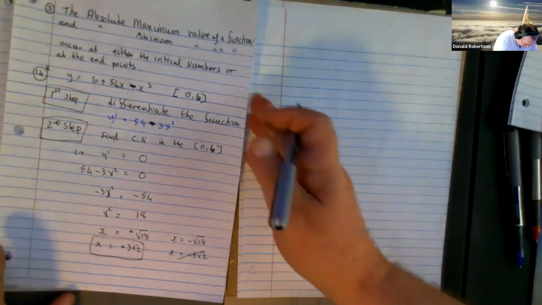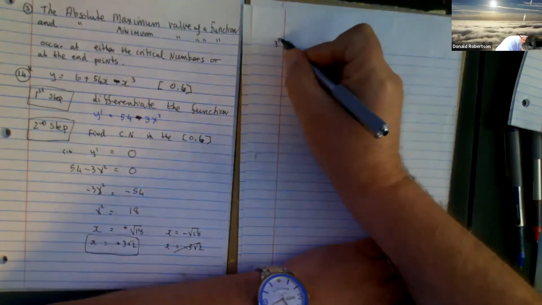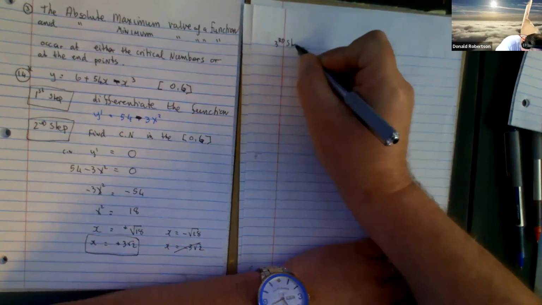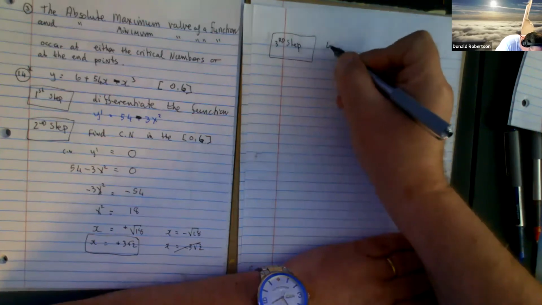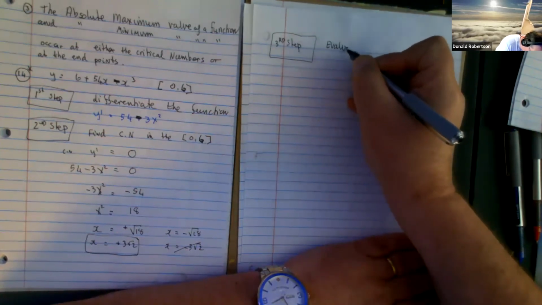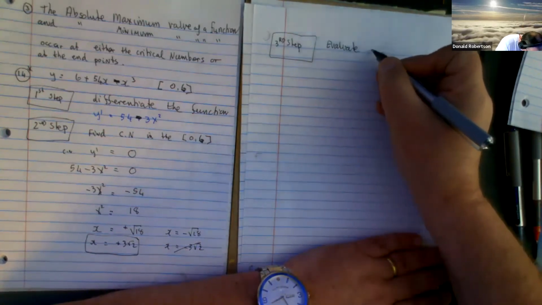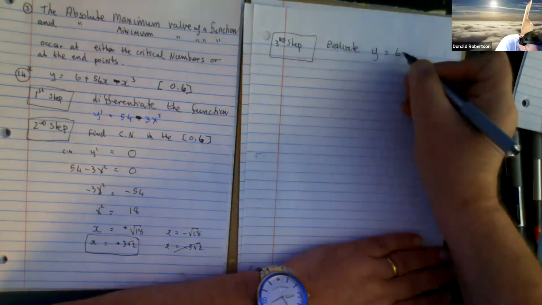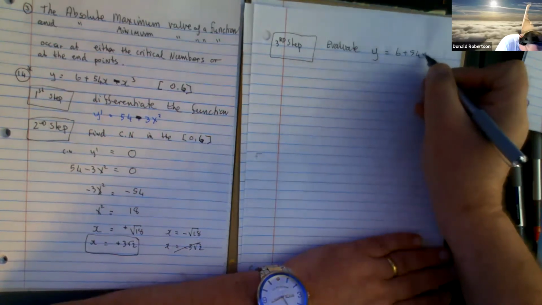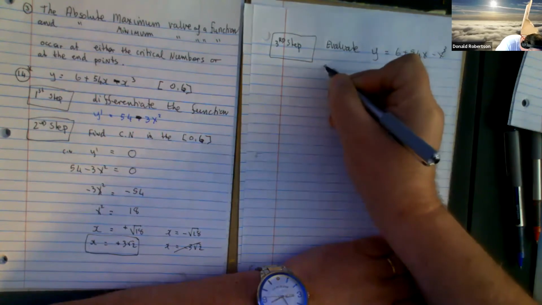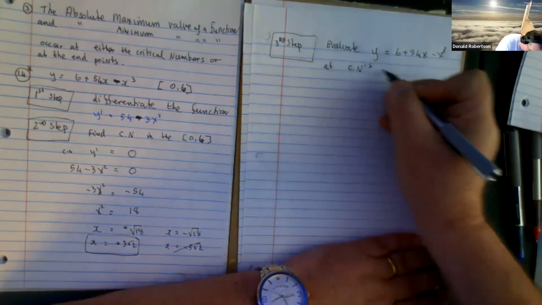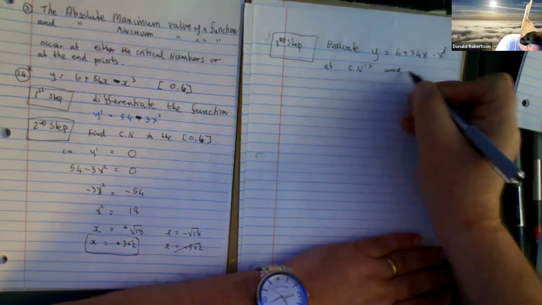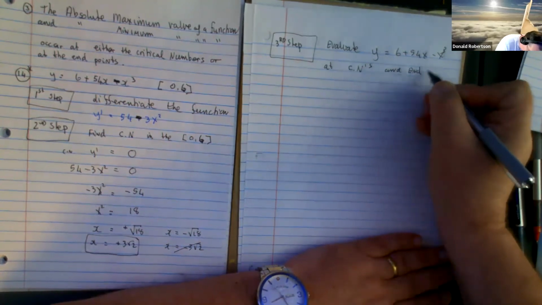What we now do in the third step is evaluate the original function at the critical numbers and what are called the endpoints.